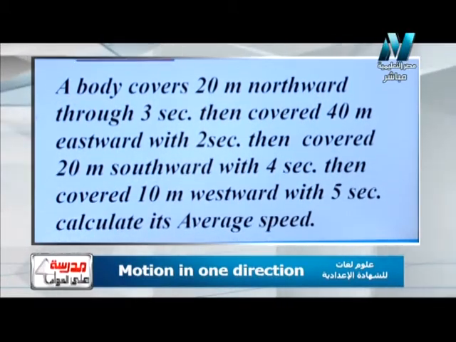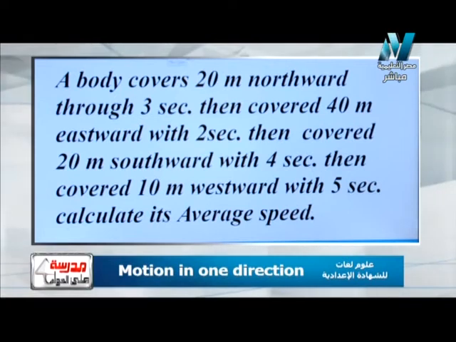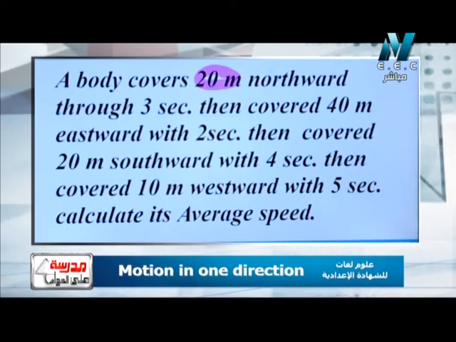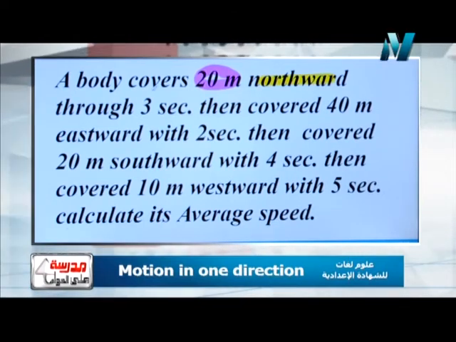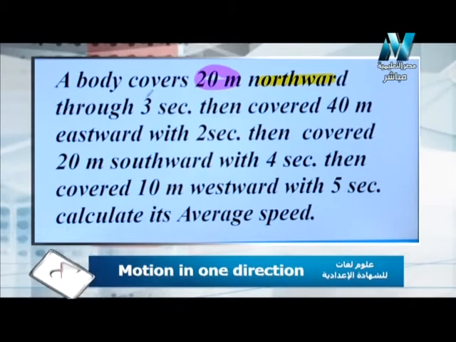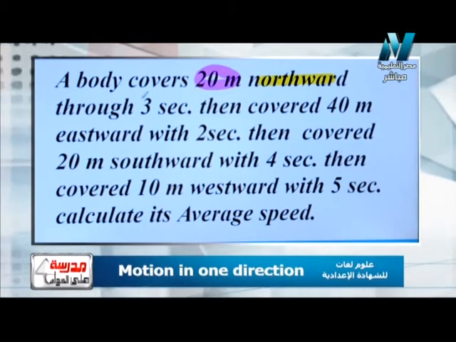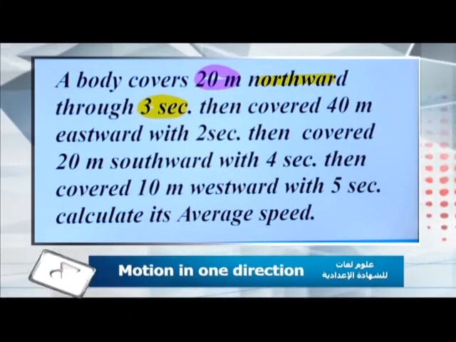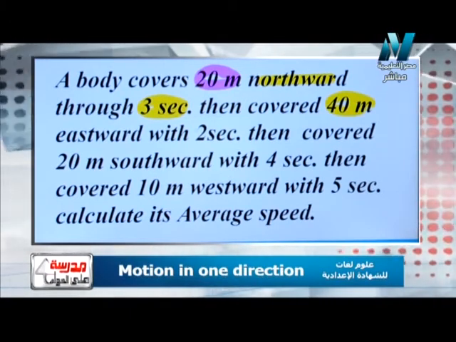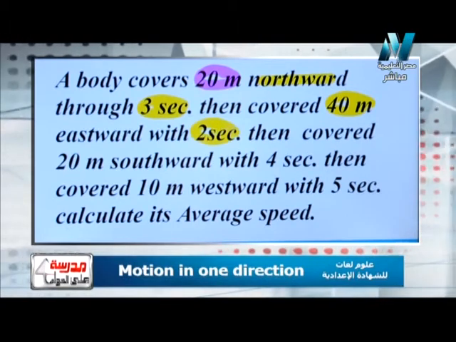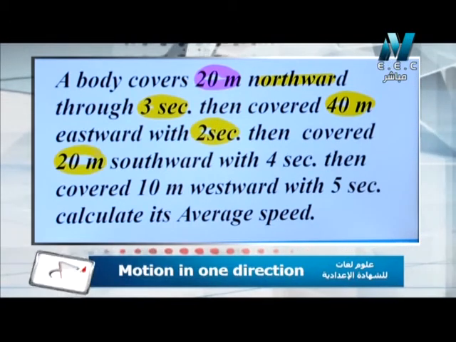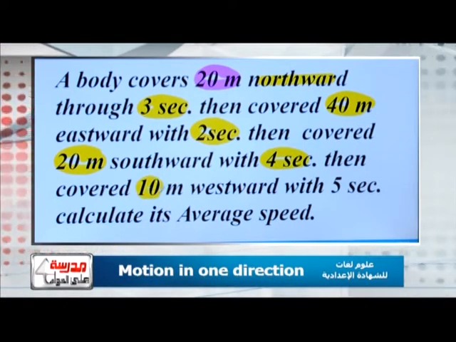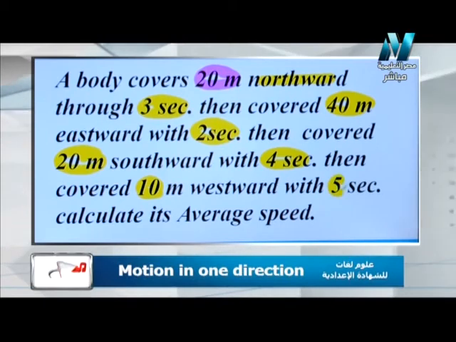As we see in front of us, it says a body covers 20 meters northwards. Pay attention, we know the geographical directions: north, south, east, west. It covers this in 3 seconds, then 40 meters eastward in 2 seconds, then 20 meters southward in 4 seconds, then 10 meters eastward in 5 seconds.